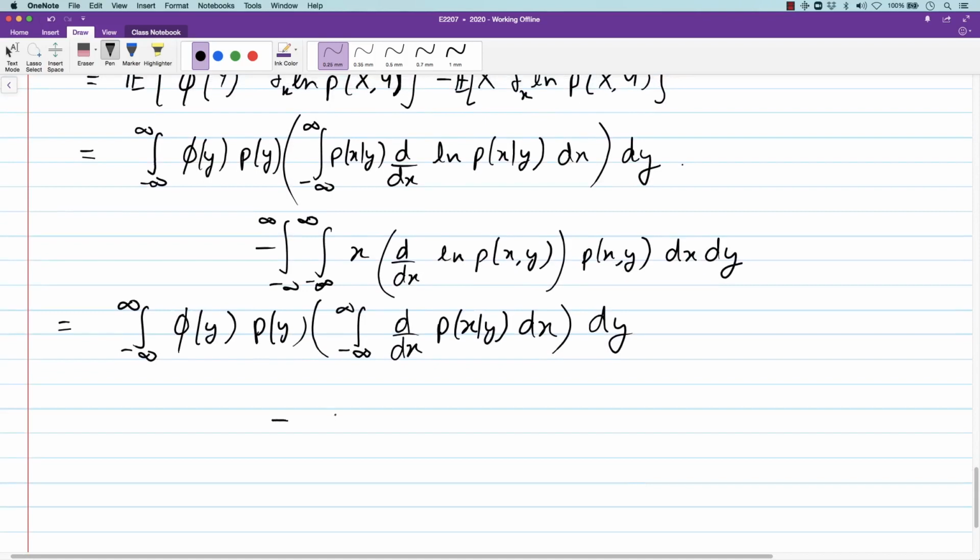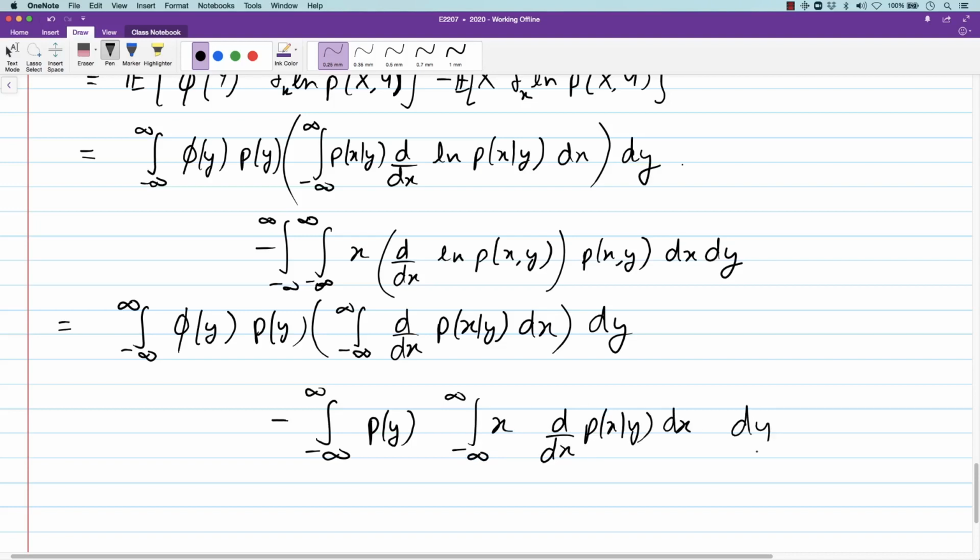And then the second term: again, I can do 1 over p of x given y, which cancels this p of x given y, and then the derivative of p of x given y with respect to x.